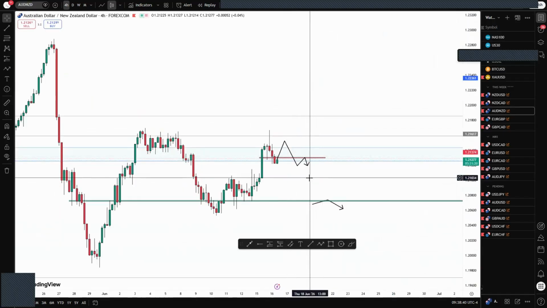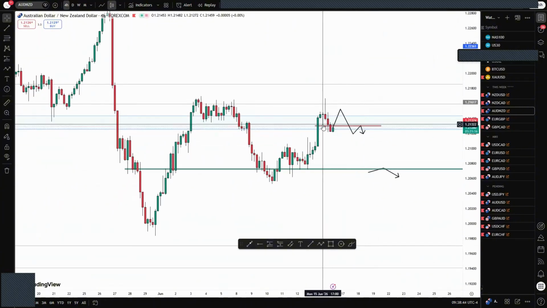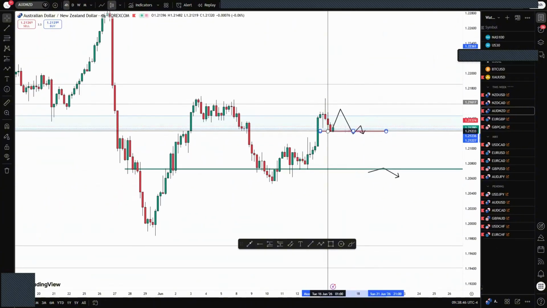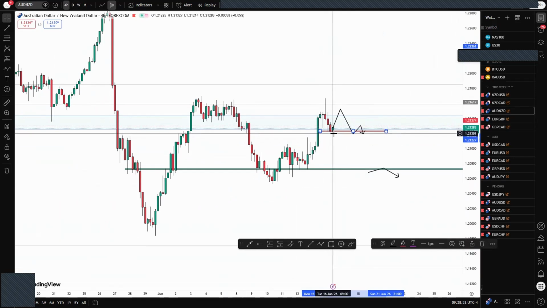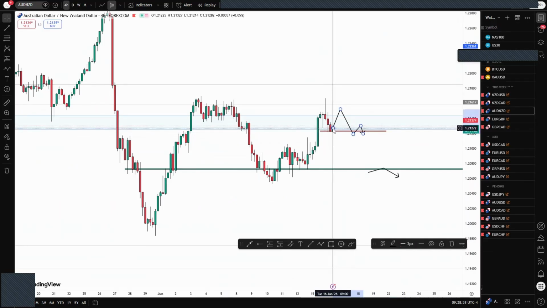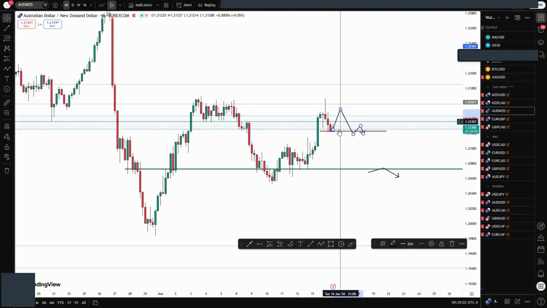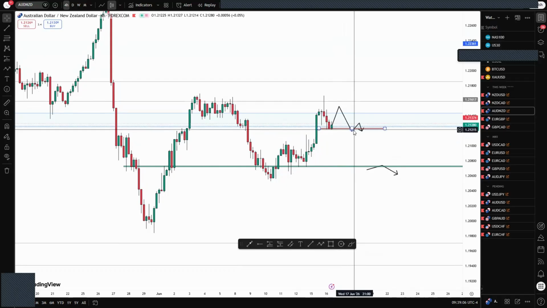AUDNZD. It's now good that our potential higher low is almost below the OG level. So this means that at least we'll be having our shift.